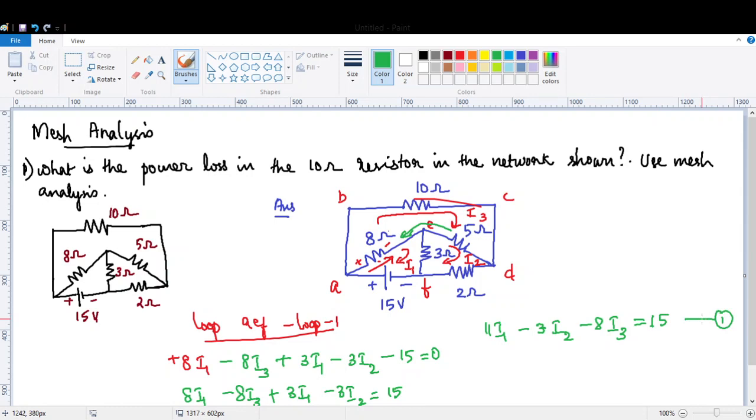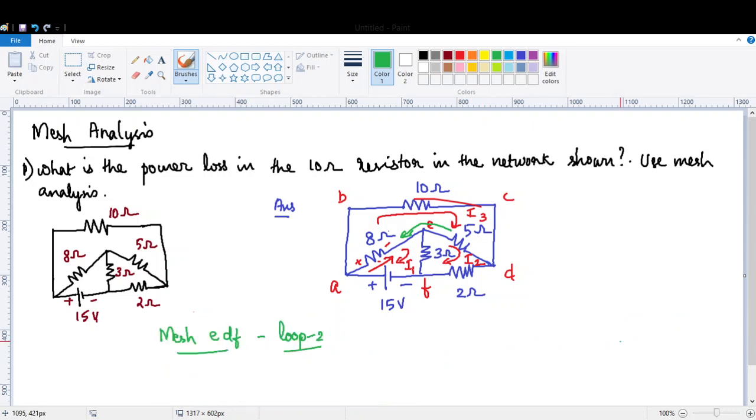Loop 1 is done. Now consider the case of loop 2. What will be loop 2? Loop 2 will be the mesh E, F and D, or EDF. EDF is better because the current I2 is flowing in the clockwise direction. So in mesh EDF, or loop 2, the equation will be like this: 3 I2, and here we are considering that the current is flowing clockwise, so the current enters the 3 ohm through plus and leaves through minus. These are our notations, so don't get confused.